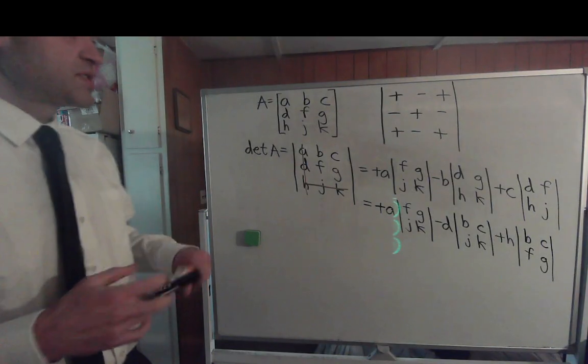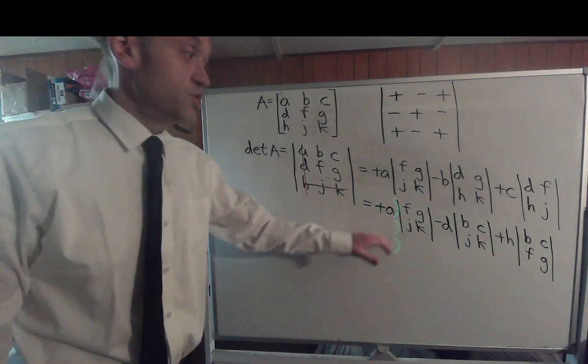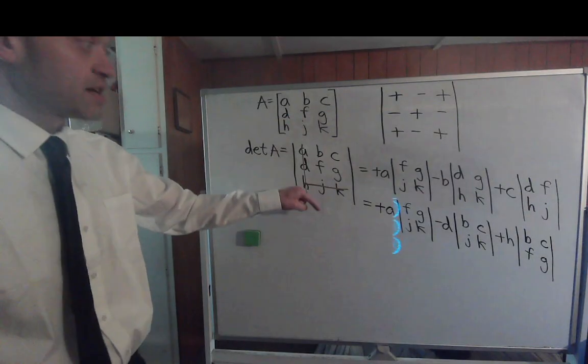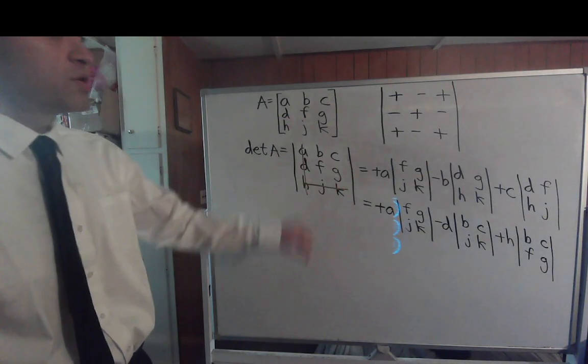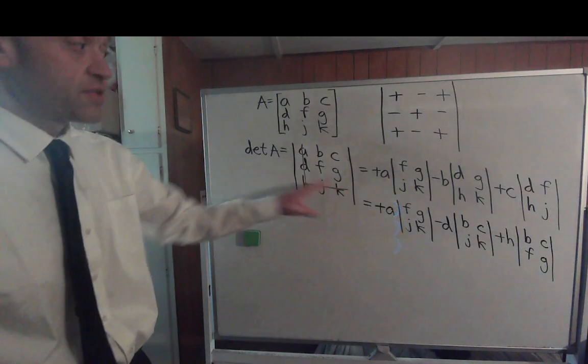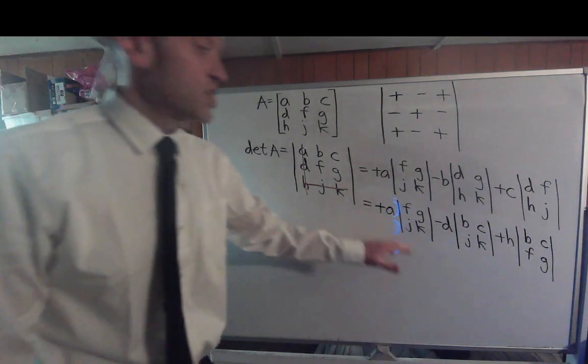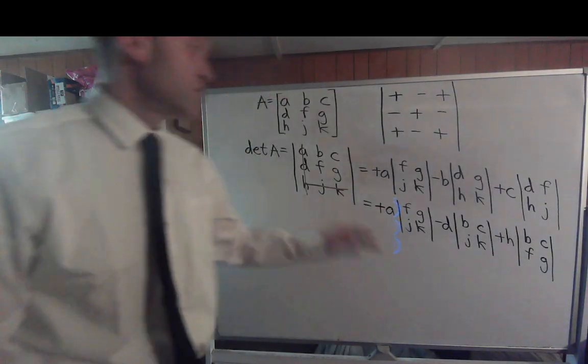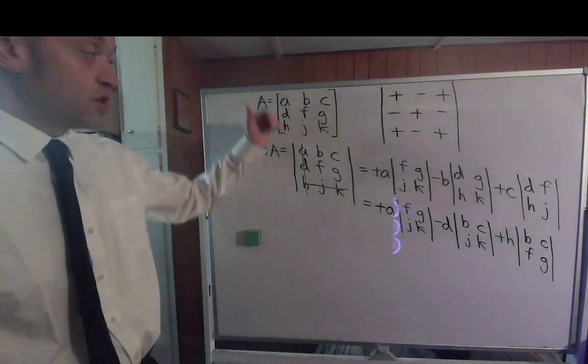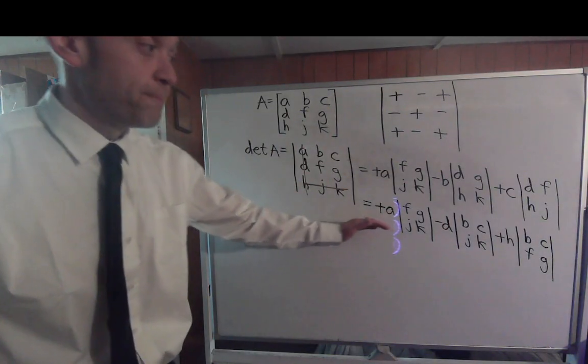So there's really several different ways you could do this. I could have gone down the second column, the second row, the third column, down the third row. But these are just two of the possibilities. I just wanted to show you it doesn't matter if you go down a column or a row.